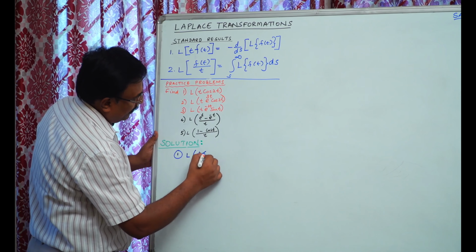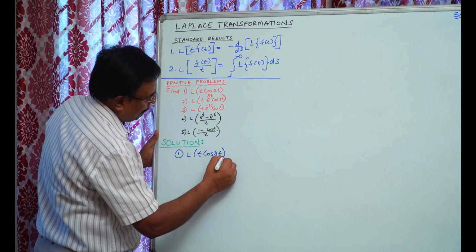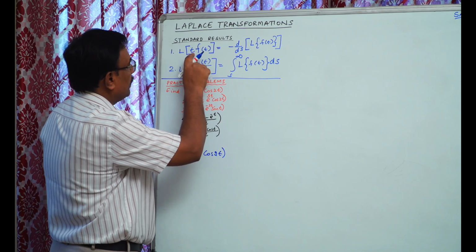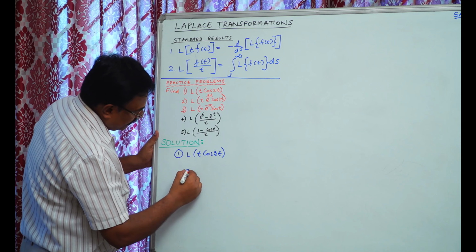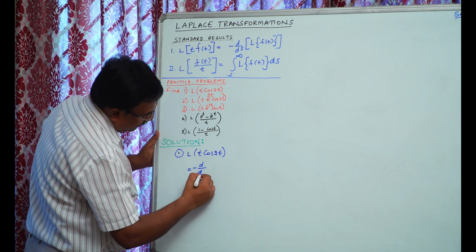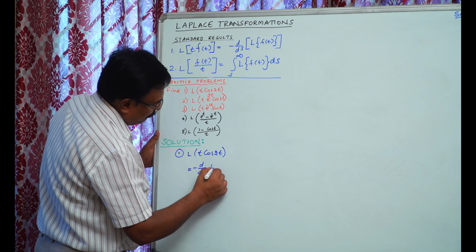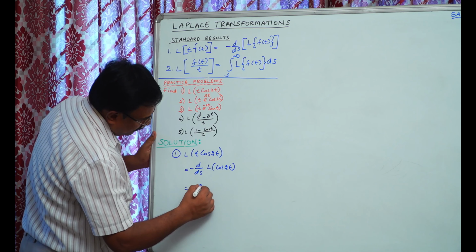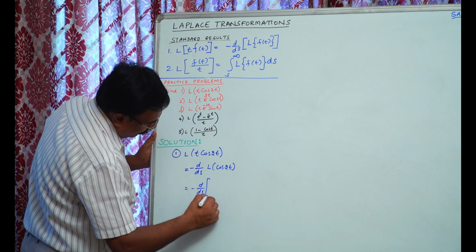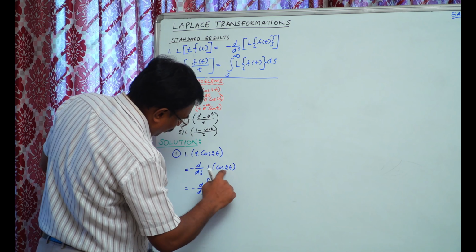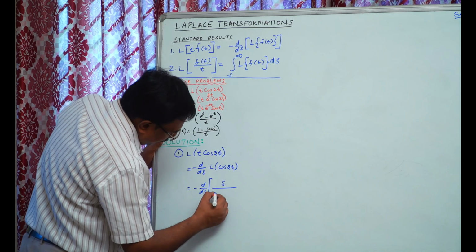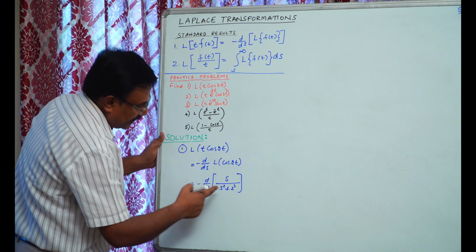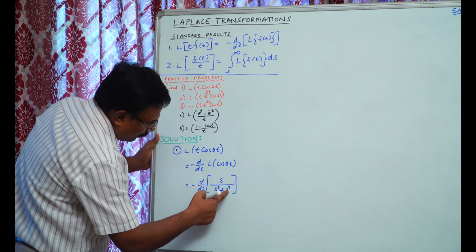Laplace of t cos 2t. According to the above rule, the t f of t rule, this is equal to minus d by ds of Laplace of cos 2t. Minus d by ds of Laplace of cos 2t is s divided by s square plus 2 square, which is nothing but s by s square plus 4.